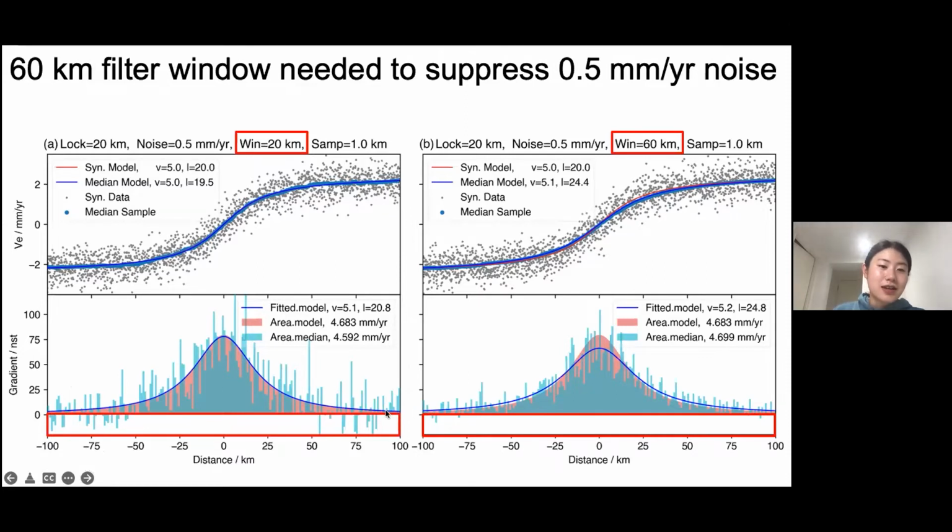And this is with reference to the red profile, which is generated from the synthetic. So the pluses and minuses of the velocity gradients will always add up to something similar to the velocity step.